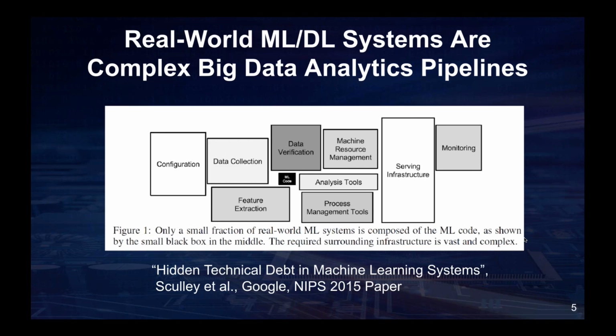You can see in this diagram, the big data analytics pipeline is a complex system. The machine learning or deep learning code is just a very small black box in the system.